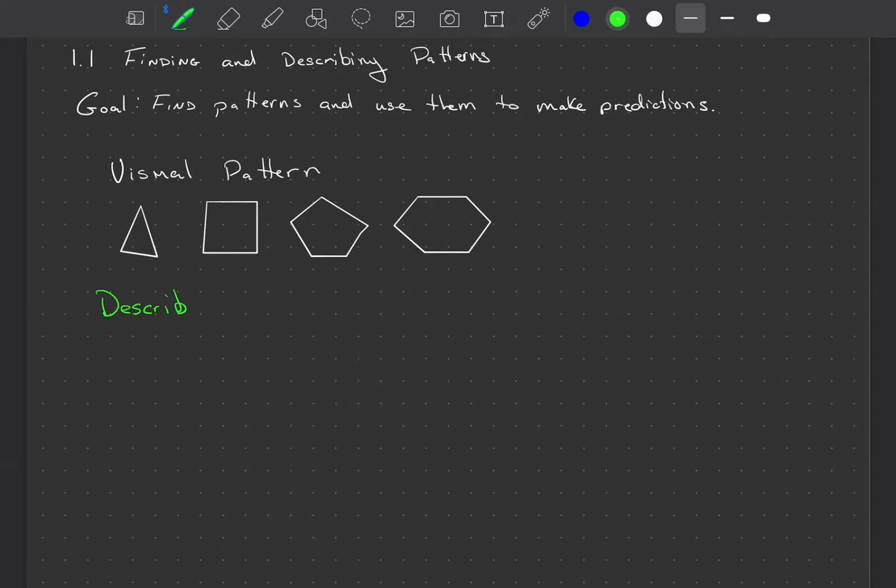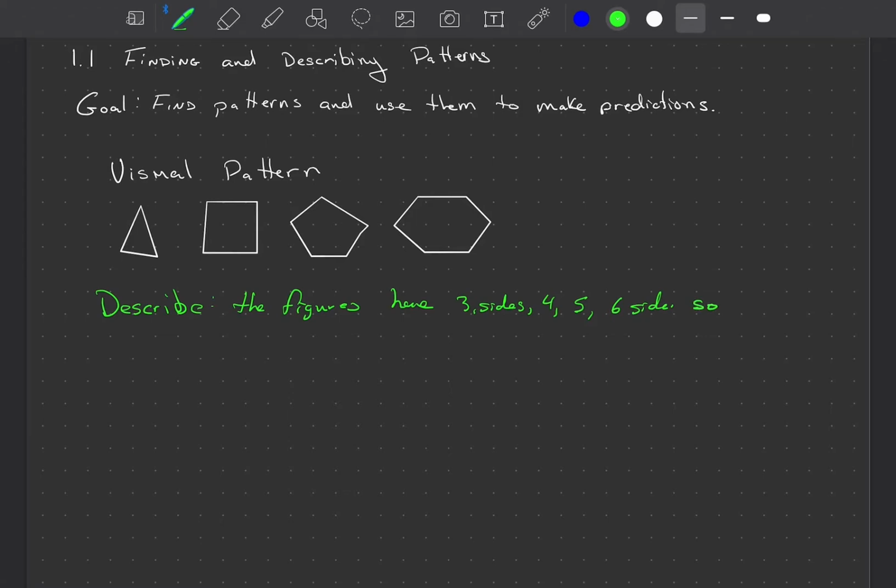And so a lot of students find the describing piece the harder part of this, the how do I articulate what's going on? So start off with some observations. The figures have 3 sides, 4, 5, 6 sides. So they're increasing from 3 to 4 to 5 to 6.